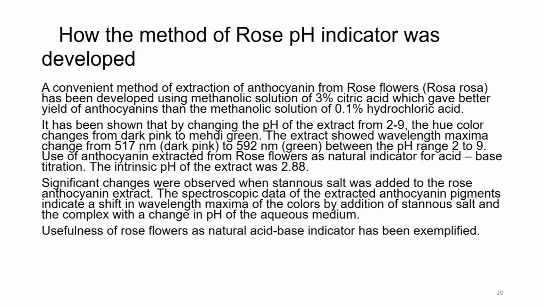How was the method of Rose pH indicator developed? We developed this method in our laboratory, and we are very proud to say that a very convenient method of extraction of anthocyanin from rose flower, whose botanical name is Rosa rosa, has been developed using a methanolic solution of 3% citric acid, which gave better yield of anthocyanin than the methanolic solution made from 0.1% hydrochloric acid.